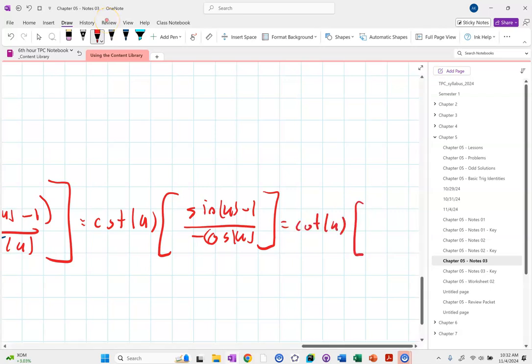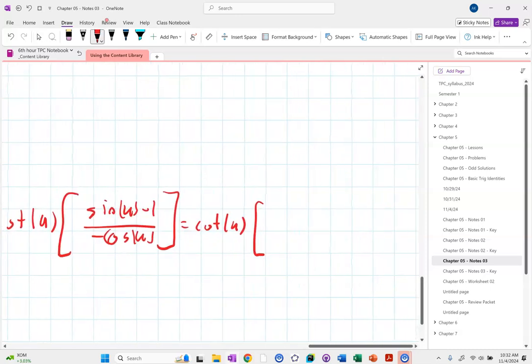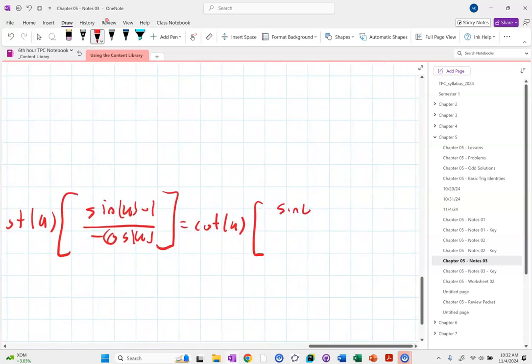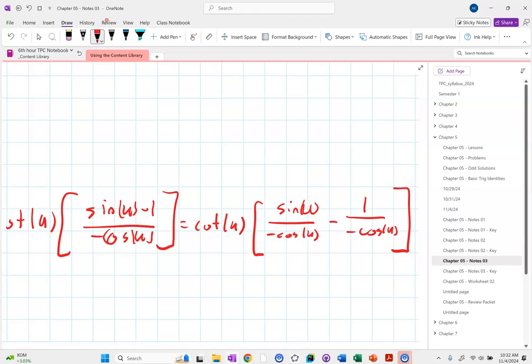So what you should do is, since that denominator is one term, I'm going to rewrite that one fraction as the difference of two fractions with a common denominator. Everybody's okay with that?